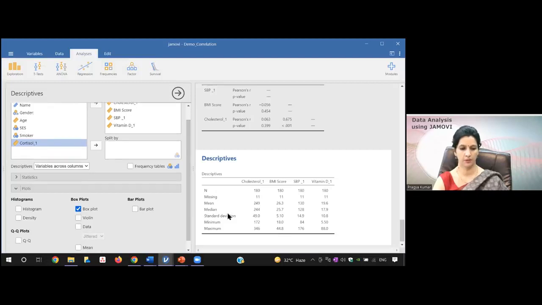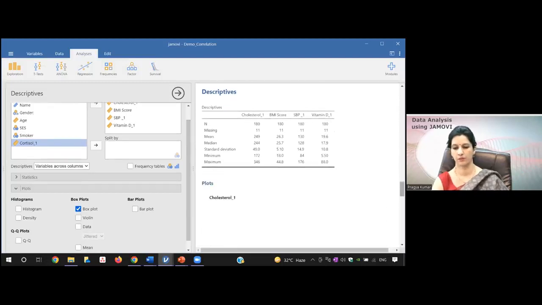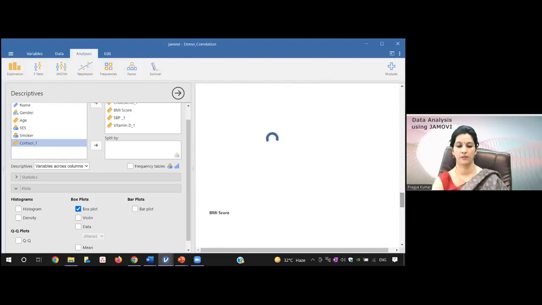I'm only plotting box plot here. So if you see this box plot, you can see the length. See, this is smaller than these values, because the lower values, the range of values, are not as high as this. That's why it is going down. Again, if you see this, you can see here that there are many values.